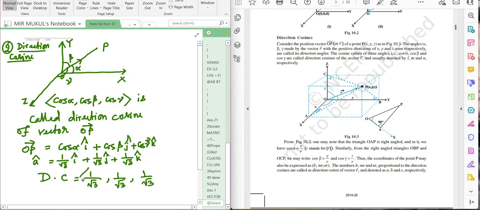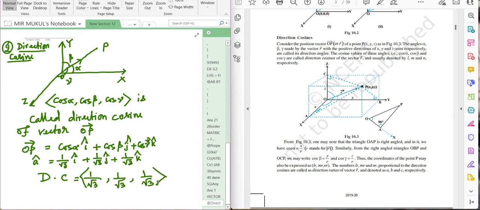That means the direction cosine will give the direction of that vector. That is the very important part. That means if any vector is given and you want to write its direction cosine, first convert it into a unit vector. And if you can convert it into the unit vector along that vector, then you can write the direction cosine of that vector.